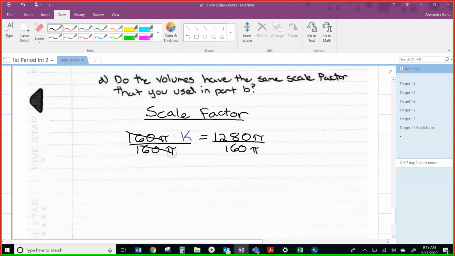Those cancel, so I'm left with k equals, well, my pi's cancel, and all I have to do is 1,280 divided by 160. And when you do that, you get k equals 8.